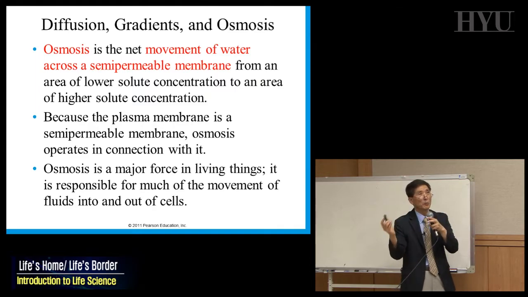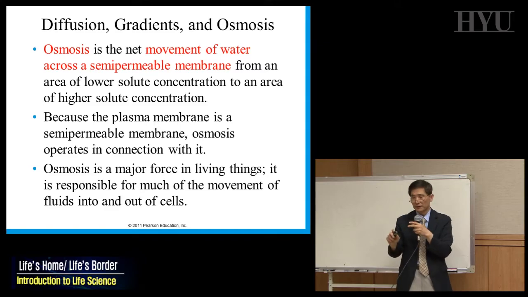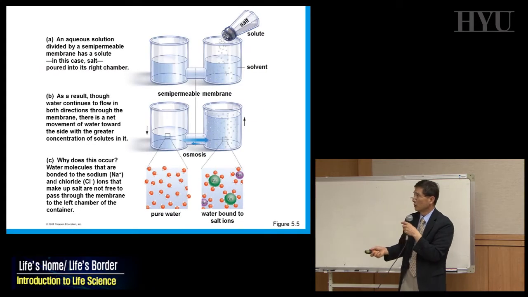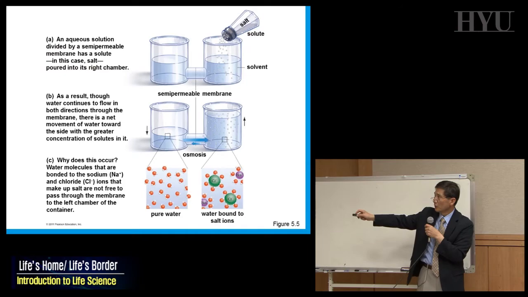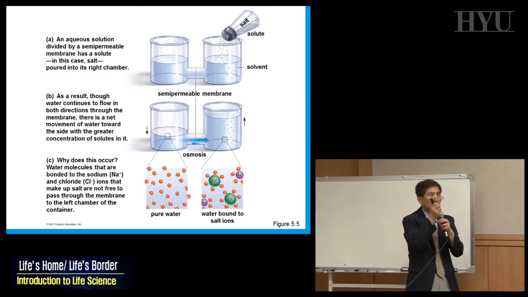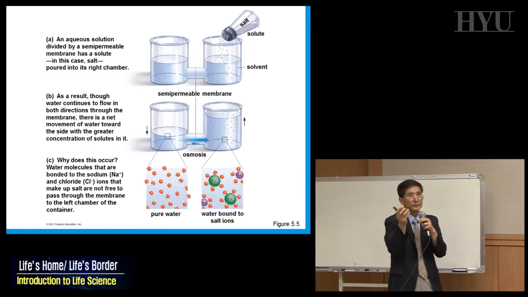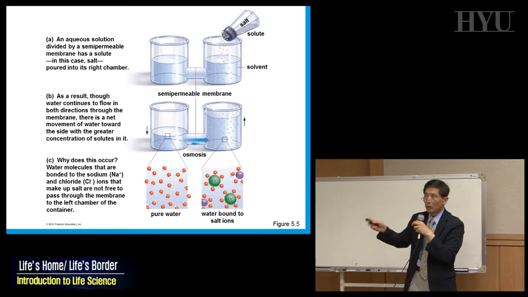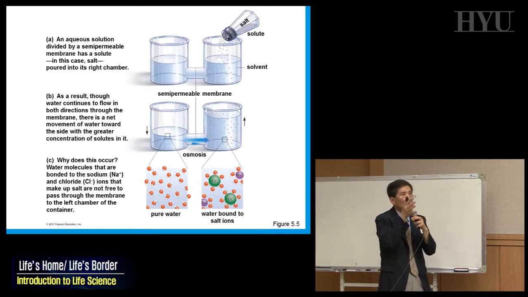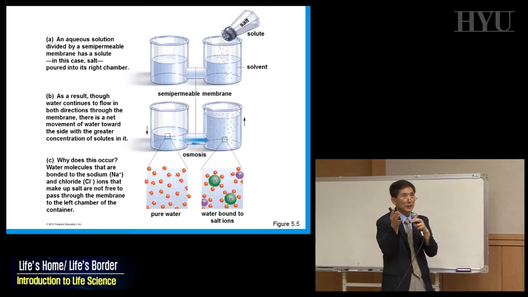That's our cell membrane. That's why osmosis is important for life phenomena. If you put a semi-permeable membrane, the water molecule can go through because it's small, but sodium ion or chloride ion cannot go through because they're bigger.